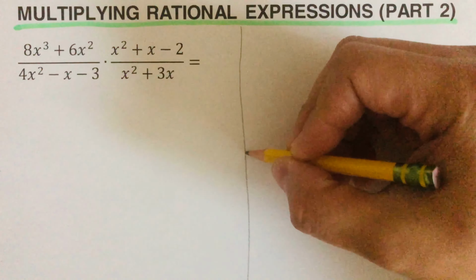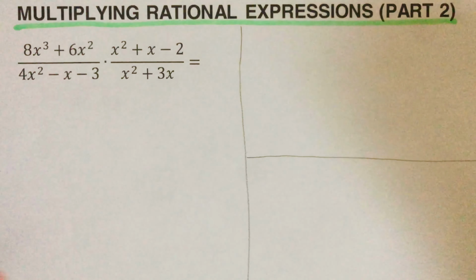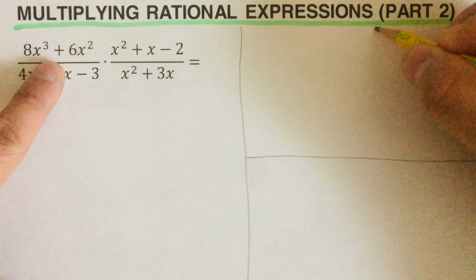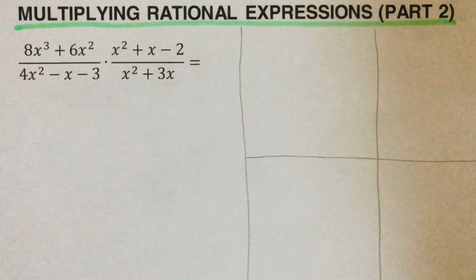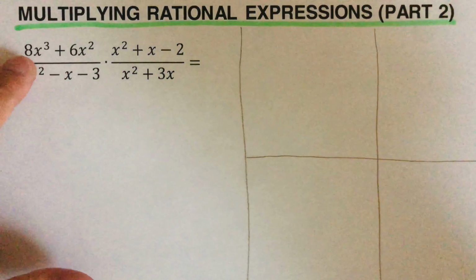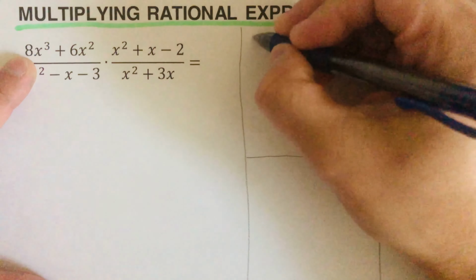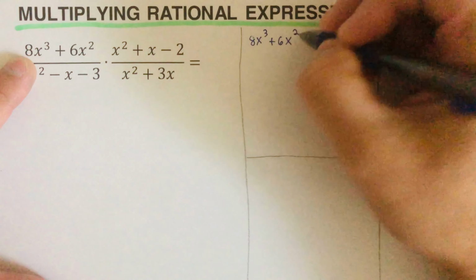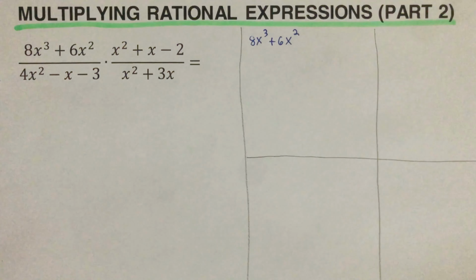So we're going to start first with this 8x cubed plus 6x squared. I'm just going to go ahead and write this up here. So this is 8x cubed and then plus 6x squared. We are going to determine the GCF for this.